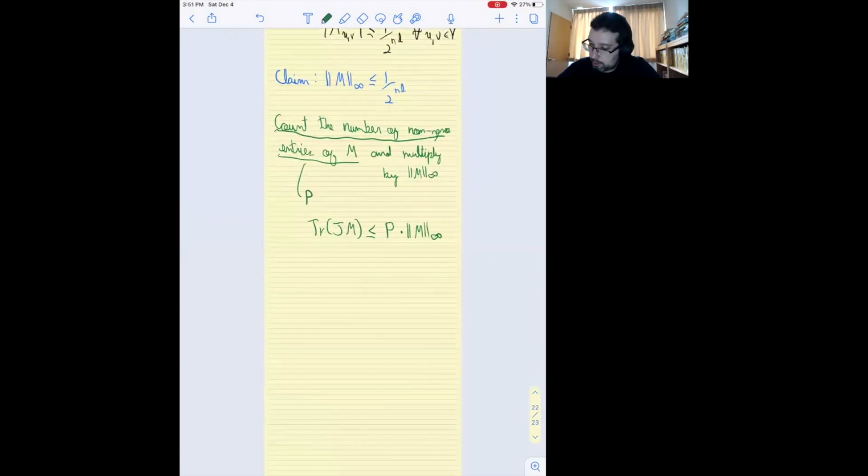And how do you count P? It's not hard. How do we count the number of non-zero entries?